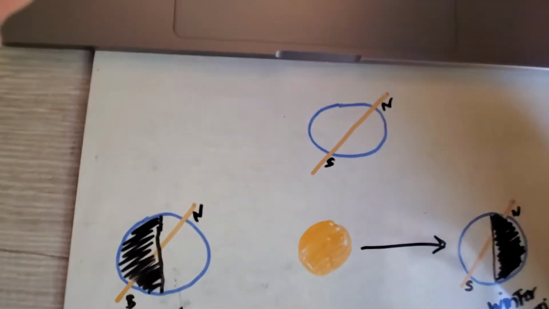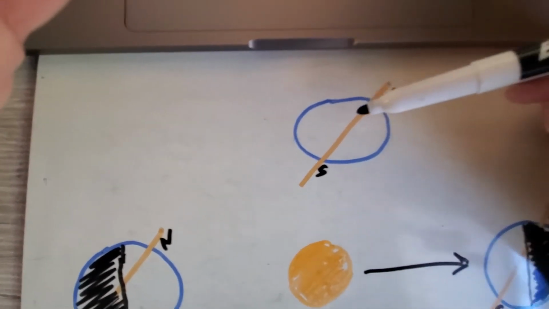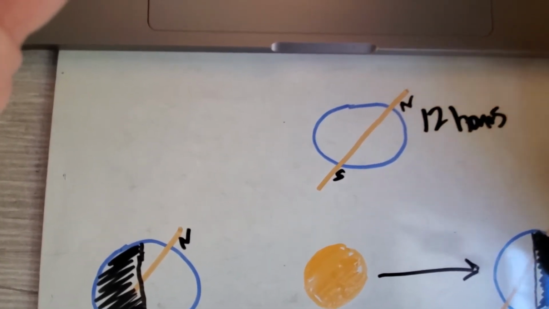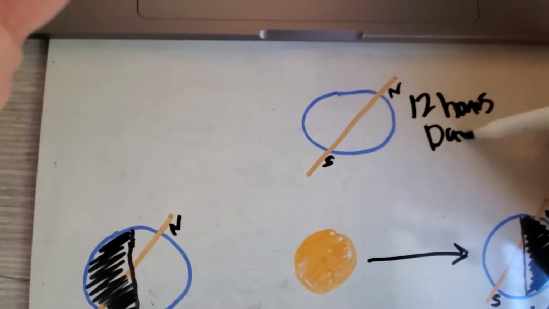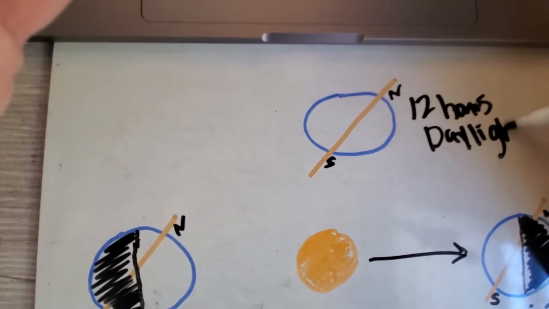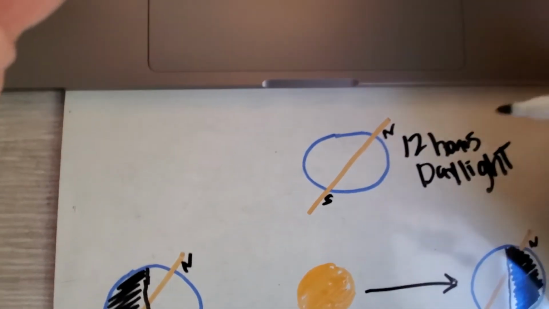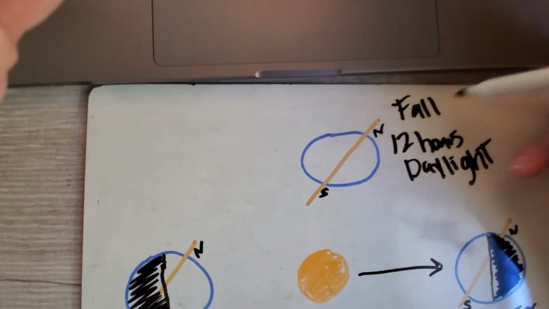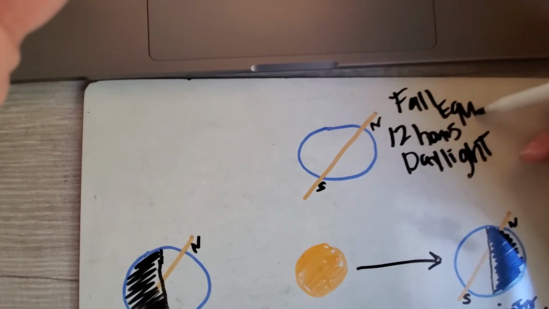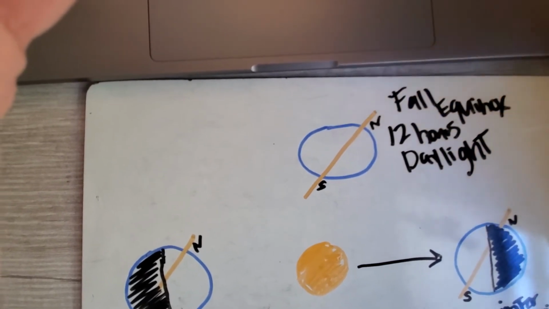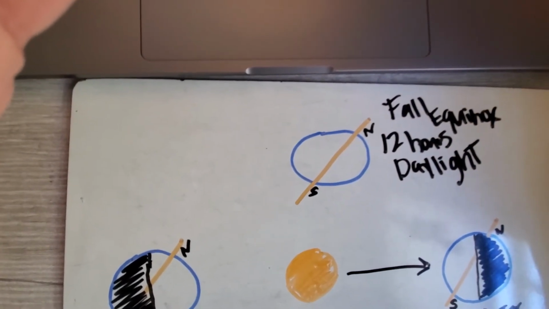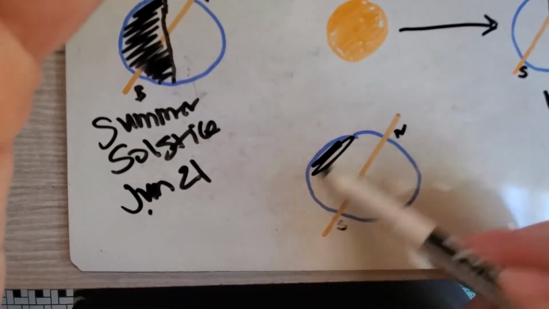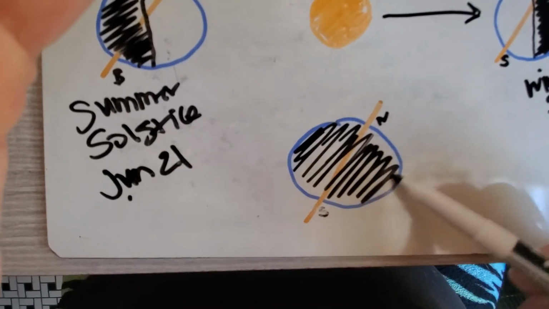Okay, now let's go up here. So this is going to be 12 hours of daylight. Okay, and we can call this fall equinox. Okay, and then also, if we want, we can color this one in so we get the opposite.